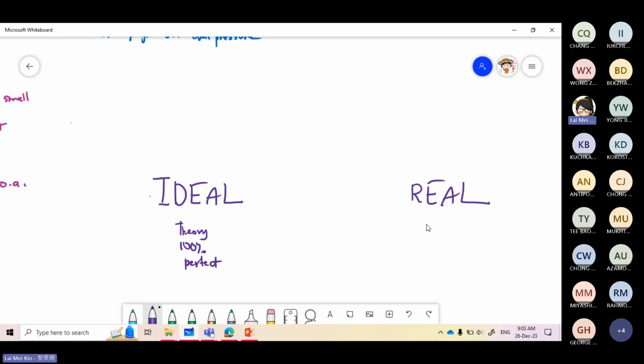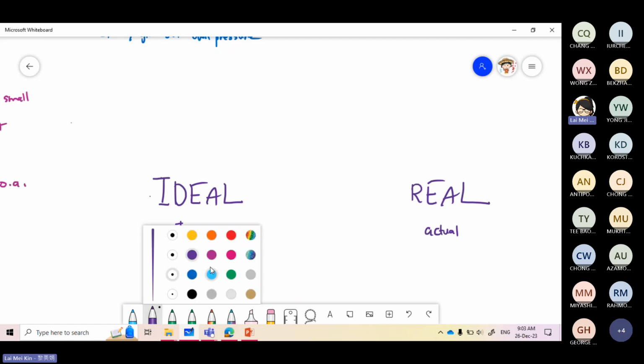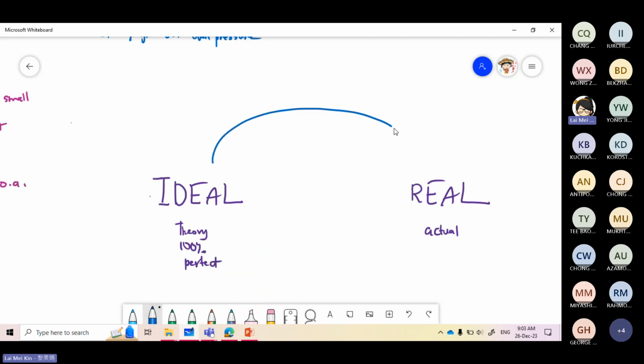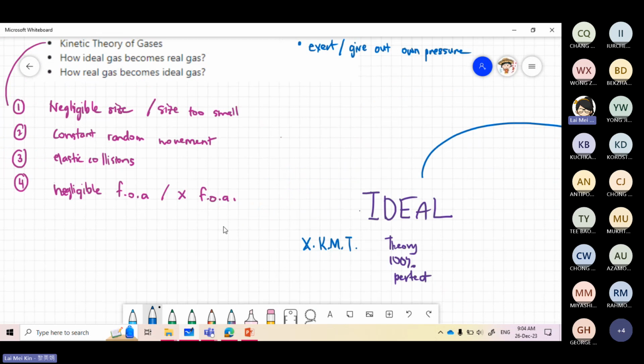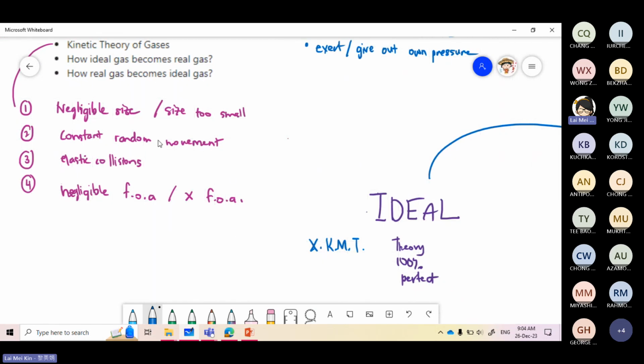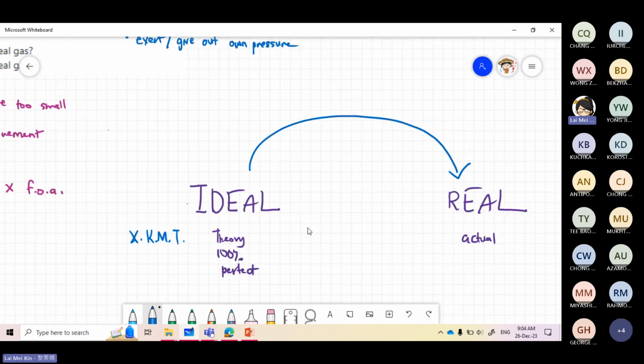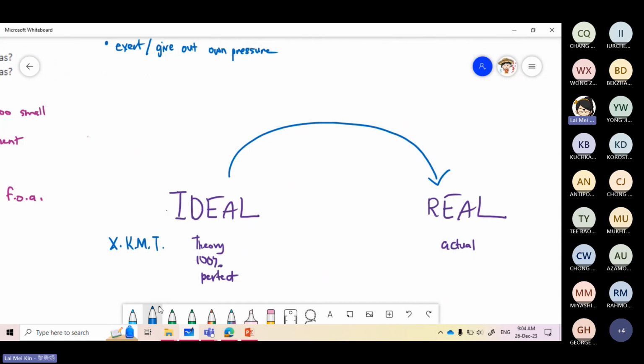Real gases means those that are actual. In life, how do the gases behave? For ideal gases to become like real gases, it means that my gases no longer fulfill my kinetic molecular theory. It's no longer negligible size, no longer constant random motion, no longer elastic collision, no longer negligible force of attraction. So under what conditions does my ideal gas become like a real gas?